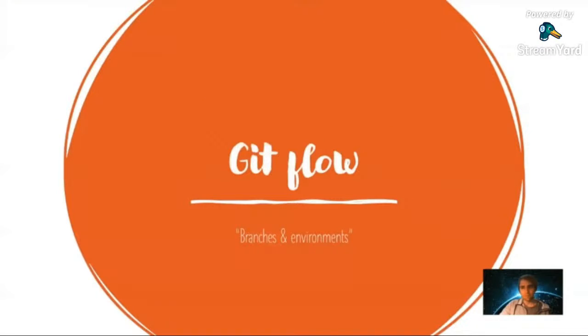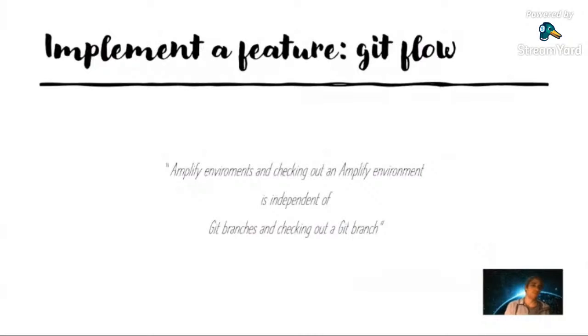And for this, we will need to create a Git feature branch, and we will also need to implement these changes on an Amplify environment. Now, Amplify environments and checking out an Amplify environment is not the same, and it's actually independent of Git branches and checking out a Git branch.